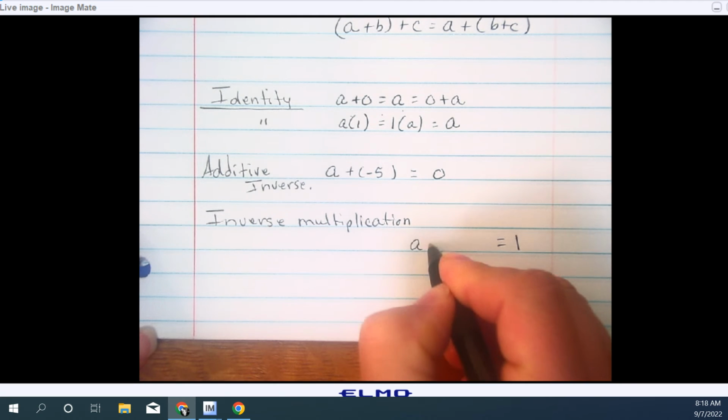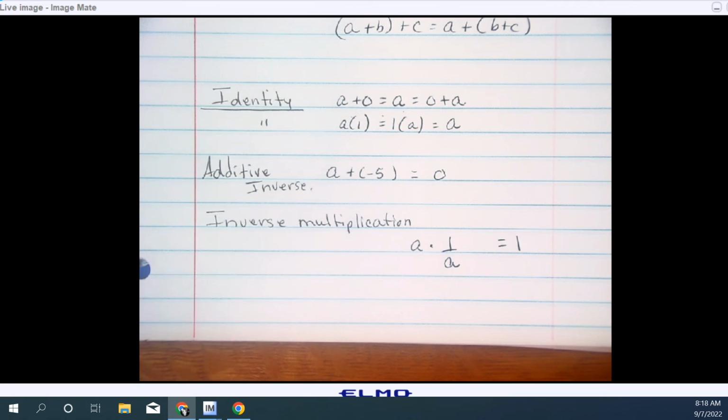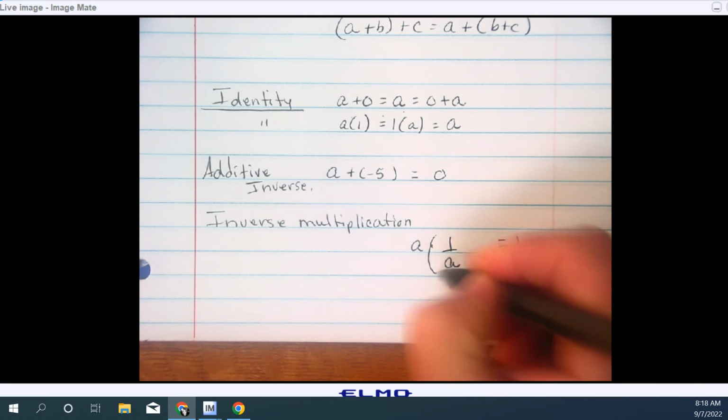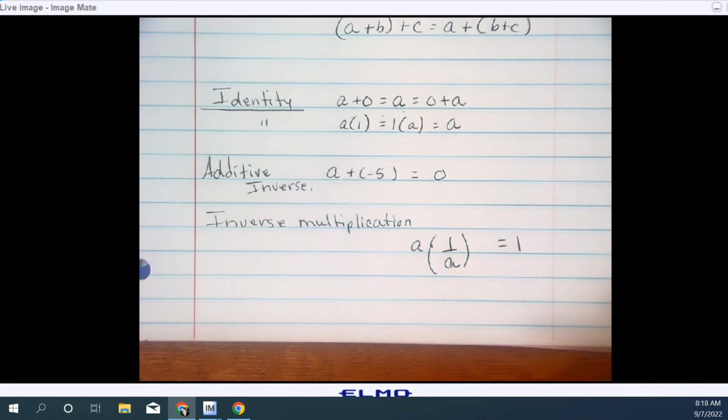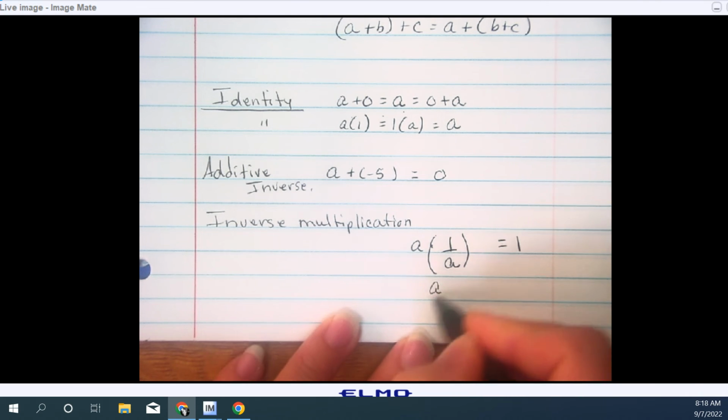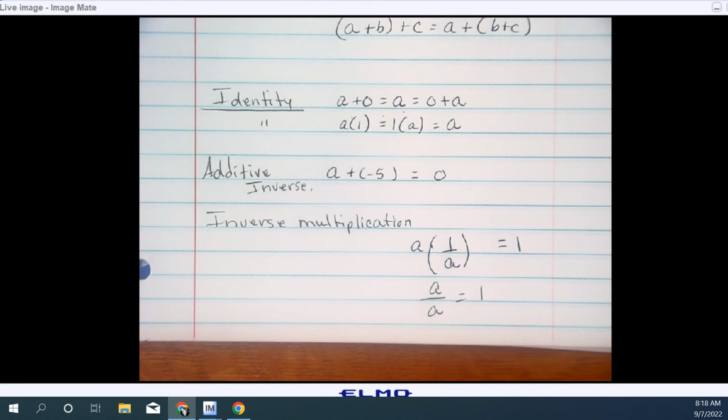If A is my number, then I'm going to multiply by the reciprocal, which is the same as dividing. Multiplication and division are inverses of each other, yes. 1 over A times the A is the same as A divided by A. It gives you the same thing. Multiplying by the reciprocal is the same as dividing. They mean the same thing.